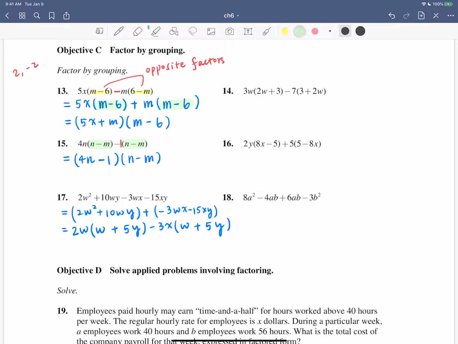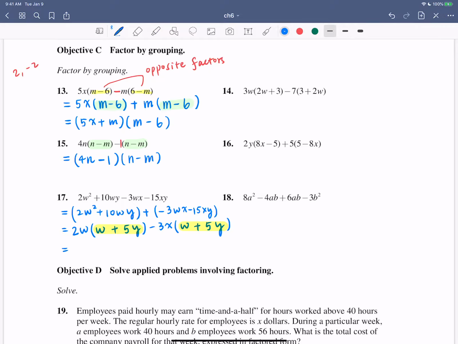Notice that they are the same. w plus 5y, w plus 5y. That's how you know that you are on the right track. So you could actually cheat a little bit. Once you identify the GCF is negative 3x, chances are the inside must agree with what you have in the first part, w plus 5y.